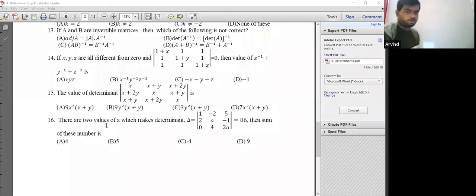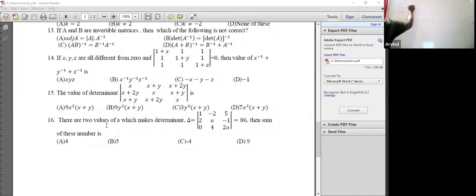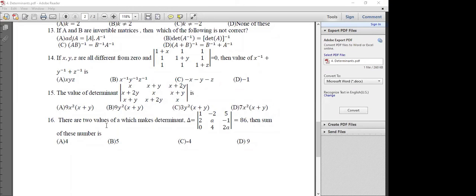Okay, let's go to the next one. You have to find the determinant of... What's the answer? 9y square x plus y.